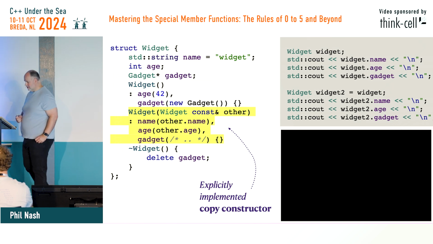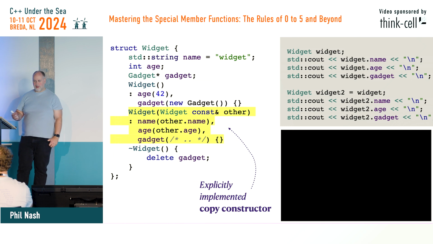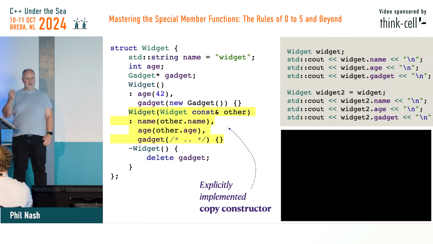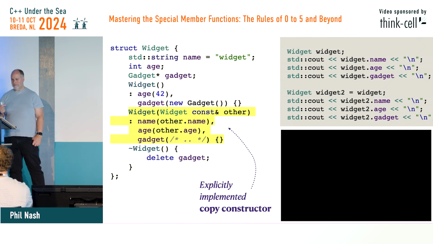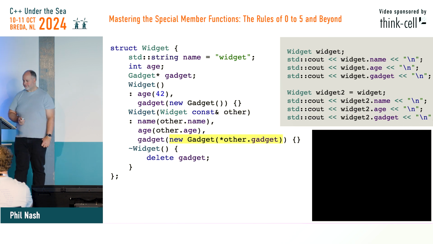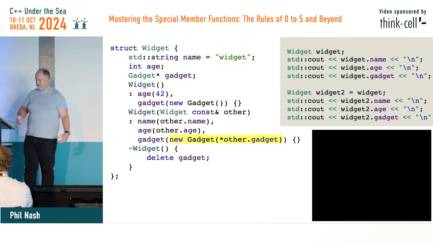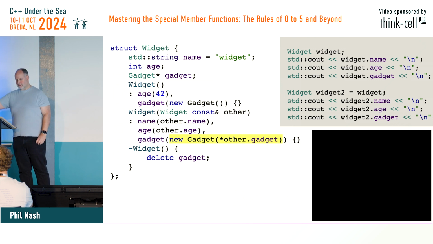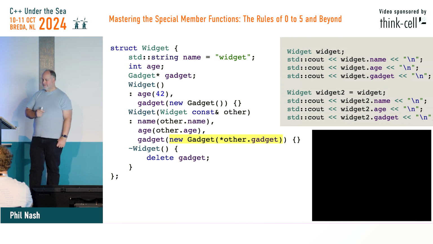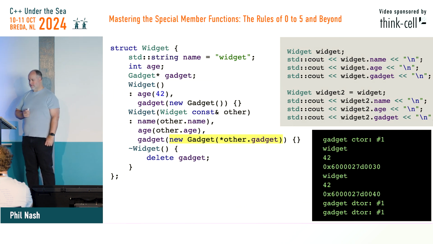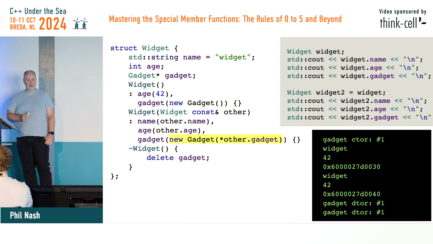Okay, not too bad. We can just copy the name, copy the age, their value types, that's fine. But the pointer, that was the one that's giving us the problem. We can't just copy the pointer value. So we need to create a new one on the heap and invoke the copy constructor for that. Fair enough, no problem. That solves our problem for now.